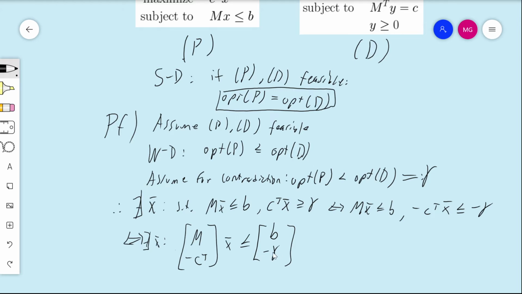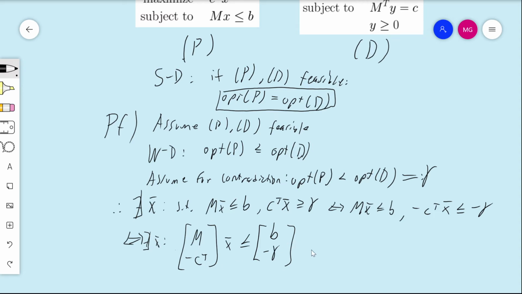Minus gamma is just a single number, corresponding to the fact that minus C transpose is just a single row. So M is an overall matrix, and we've attached one more row at the bottom, which is minus C transpose. Same thing here: b is an overall vector, and we've attached one more component, which is minus gamma.